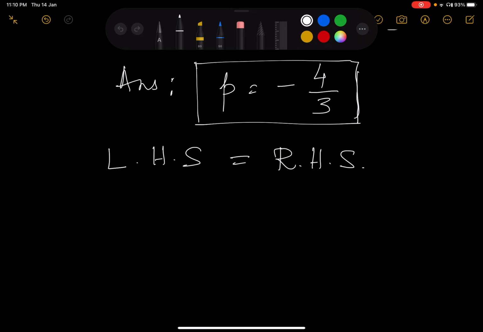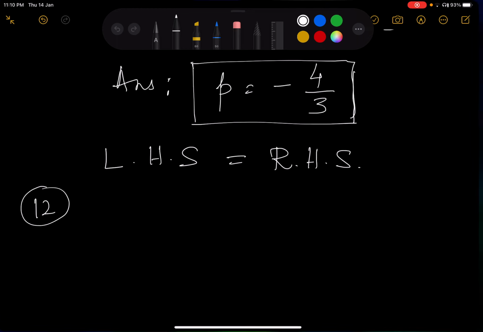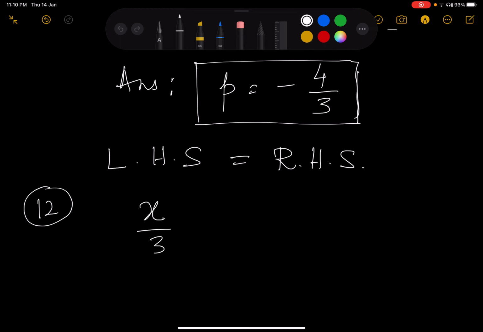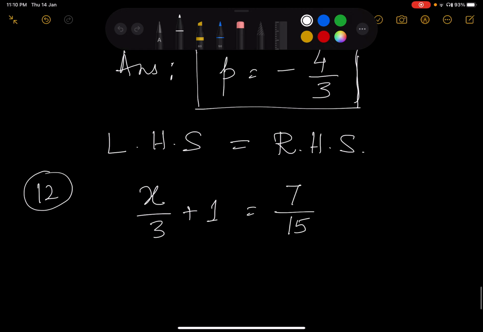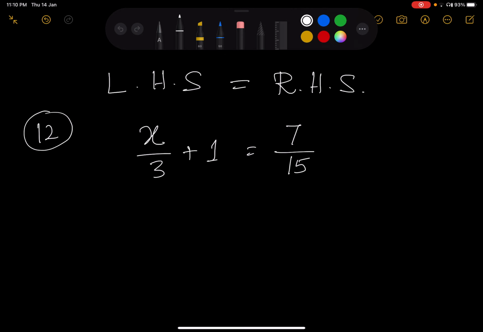And now the last problem we have arrived at, that is the 12th problem. It is given that x by 3 plus 1 is equal to 7 by 15. So here again we'll keep the variable on the left hand side.